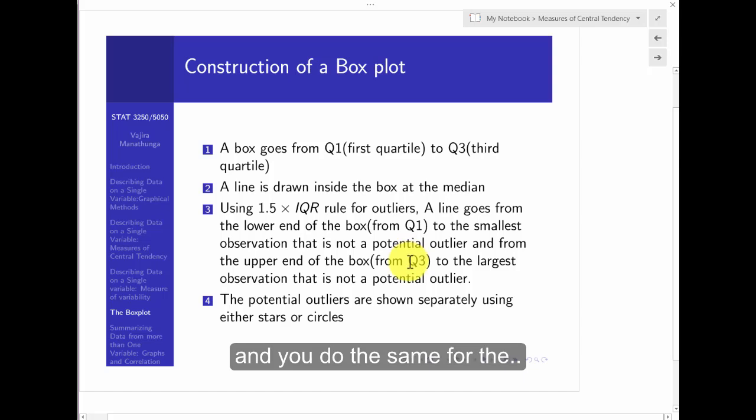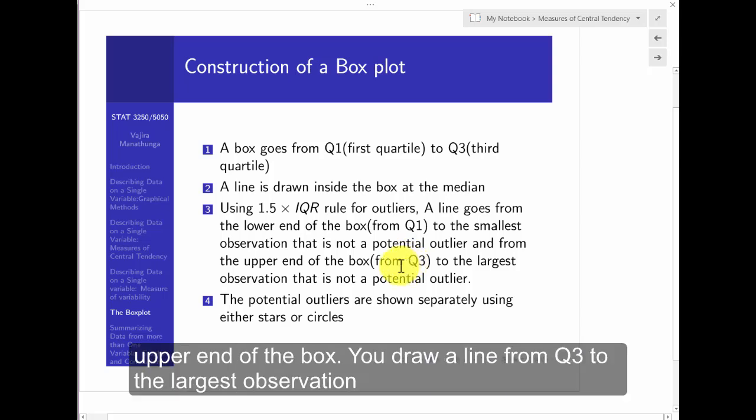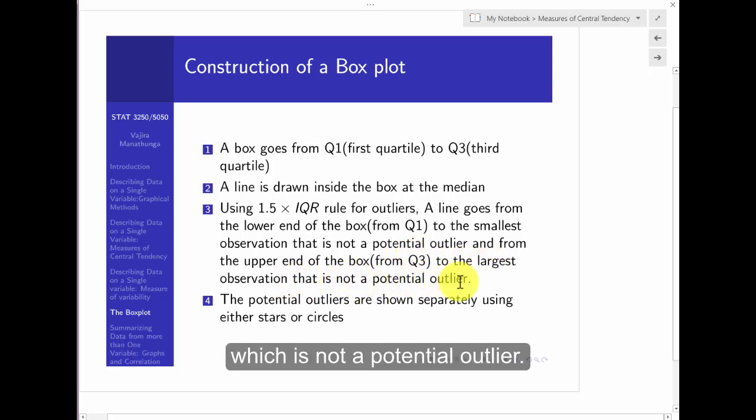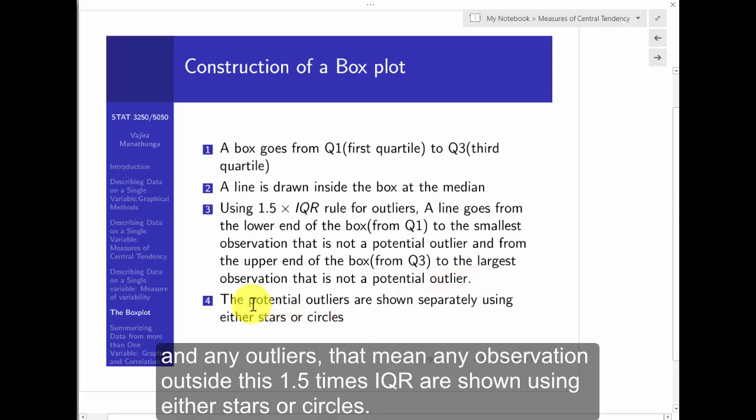And you do the same for the upper end of the box. You draw a line from Q3 to the largest observation which is not a potential outlier. And any outliers, that means any observation outside of this 1.5 times IQR, are shown separately using either stars or circles.